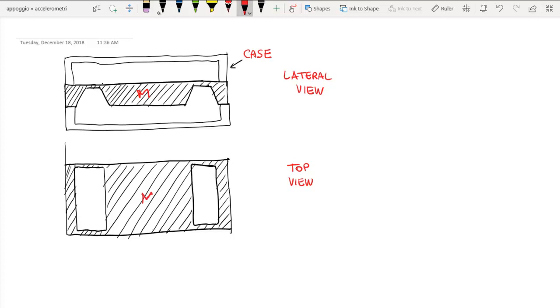This is the mass, and these thin regions are actually the springs. So these are springs. This narrow silicon line is a spring, this is another spring. So instead of having just one spring, we have 4 springs.